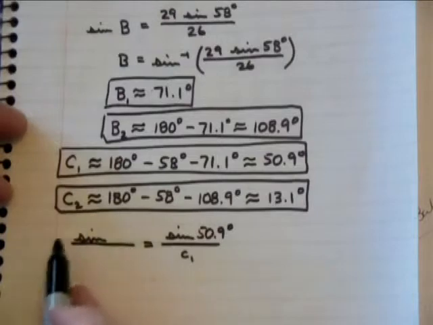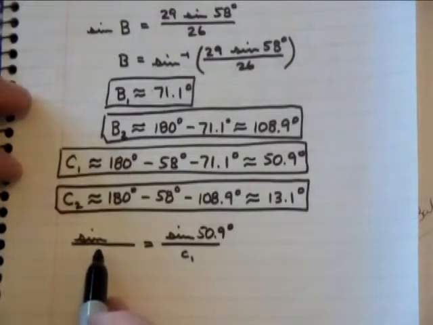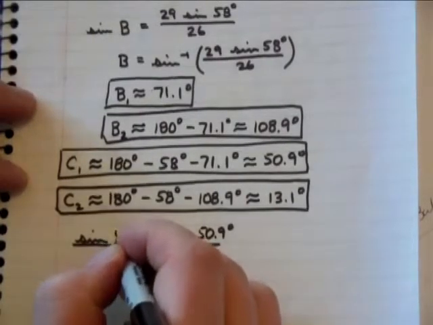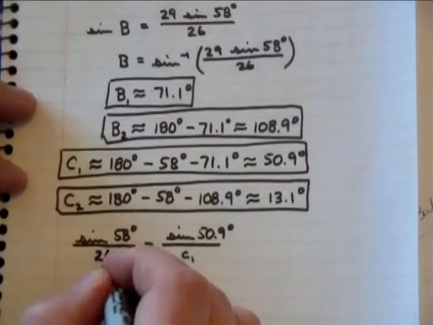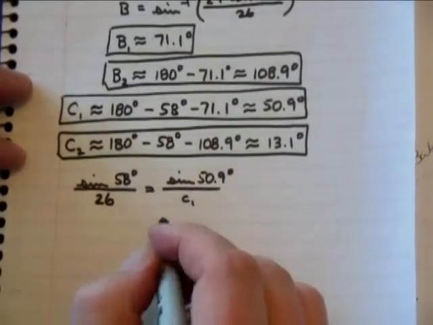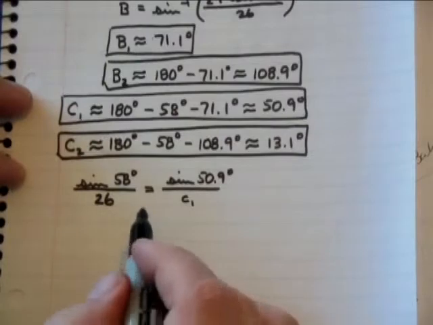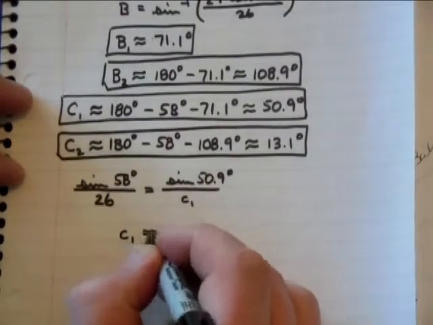And then on this side of the equation, it's always best if you can use your given information. So in this case, we were given angle A and side A. So let's go ahead and use angle A and side A in this case as well. Go ahead and solve this equation for C1. So you can cross multiply and then divide by the sine of 58, which will end up getting paired with C1.